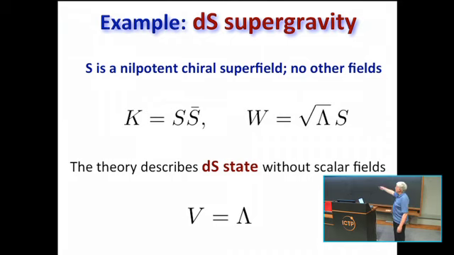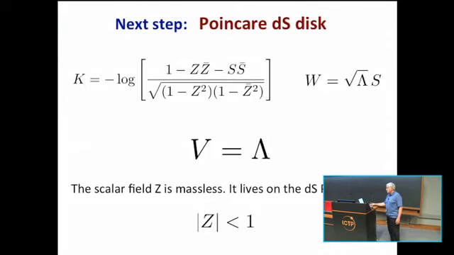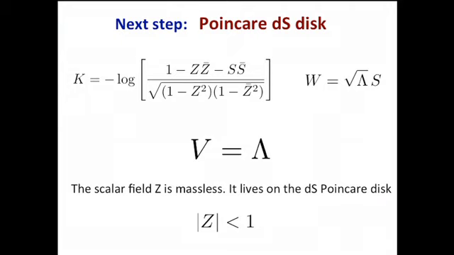So after all math is done, you have a theory with cosmological constant lambda, no scalars. Now we want to have scalars, because in the end we want to have inflation. So this is just an example of the scalar potential, and this is the superpotential. Superpotential, again, a function only of the field S.